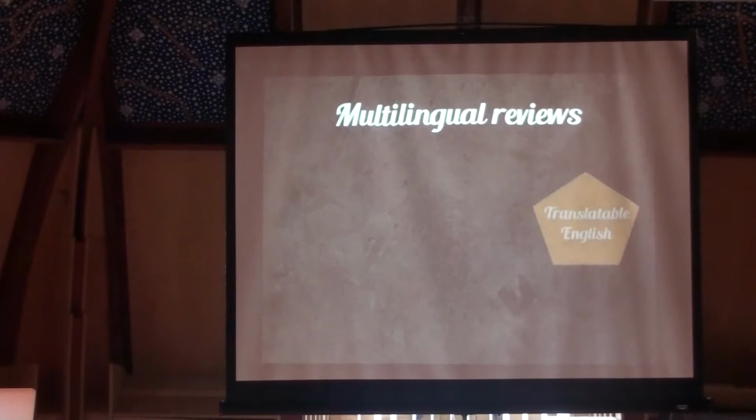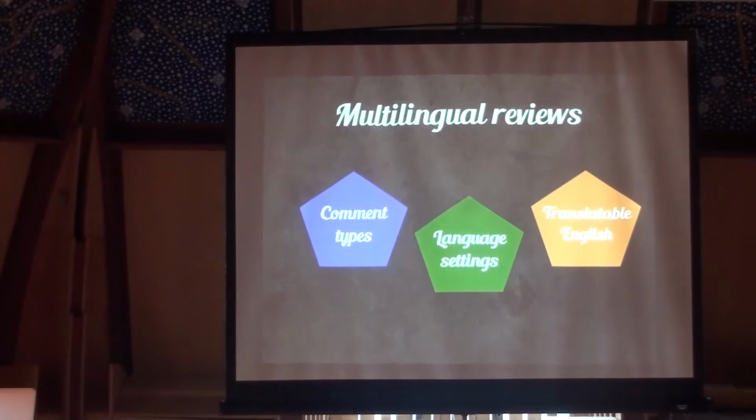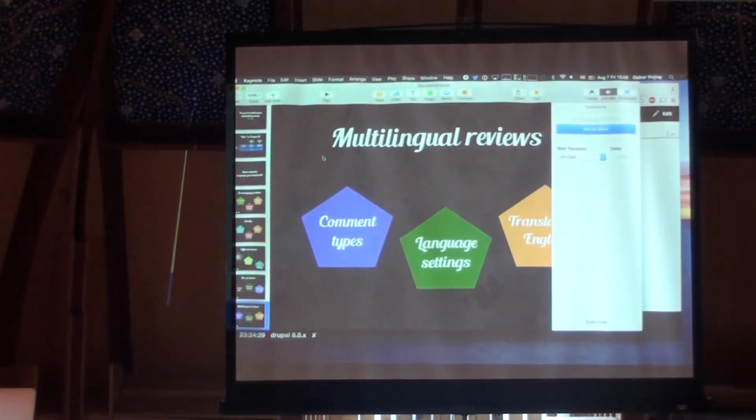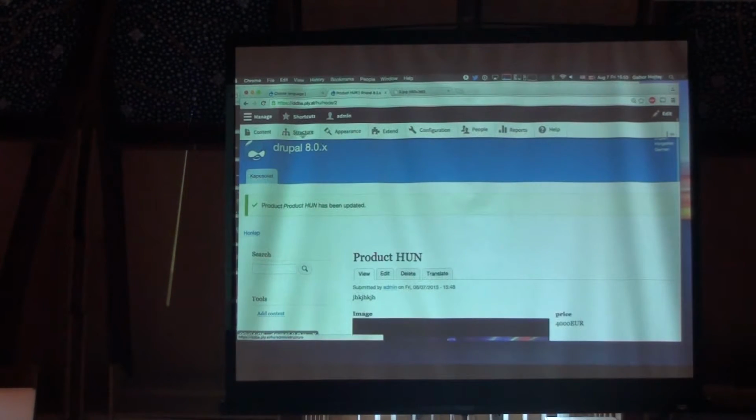So what we're going to use for that is the translatable English language. Sounds funky, right? We'll use language settings on reviews, and we'll use comment types. Comment types, not content types, but comment. Comment? However you want to pronounce it.